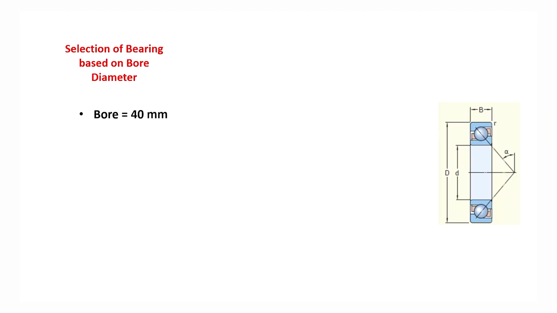Now, based on the single row deep groove ball bearing, we will choose tables of manufacturers where, with reference to the bore, different parameters given in this figure are listed.